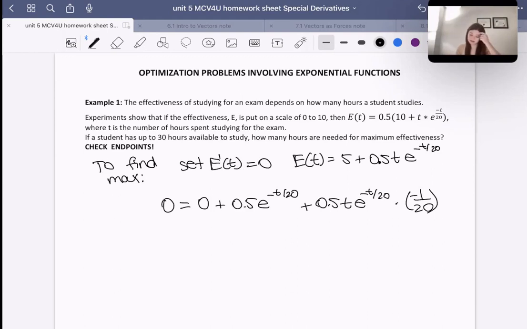So here basically what I did, I used the product rule and also the power rule and chain rule in order to get here, right? Because keep in mind that the derivative of t is just 1, so there would technically be a times 1 here. But we didn't have to include that per se. Okay, anyway, let's move on.